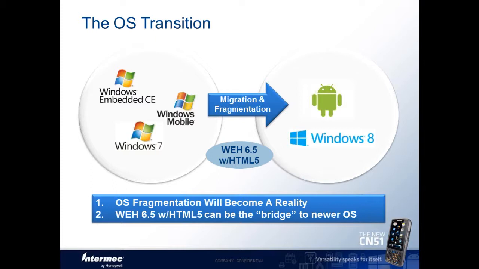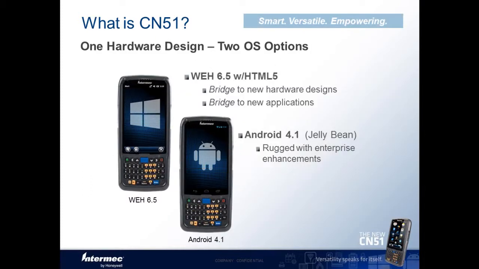The CN51 then is the first product to offer both the Microsoft Windows Embedded Handheld 6.5 and Android 4.1 operating systems as options. Customers can choose either OS with the CN51 from the start.